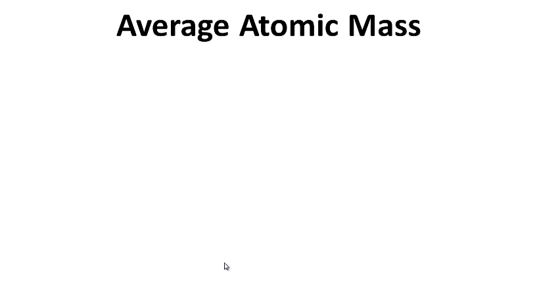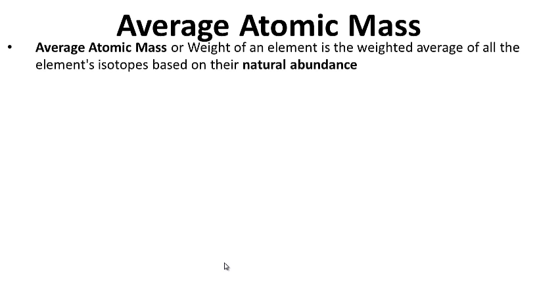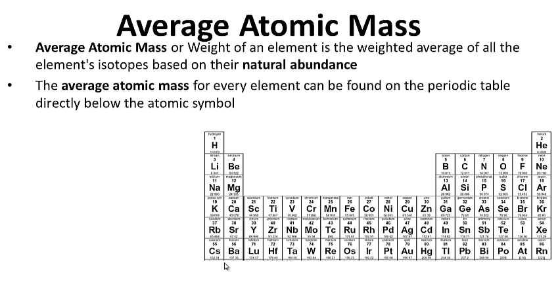All right, so average atomic mass. The average atomic mass or weight of an element is the weighted average of all the element's isotopes based on their natural abundance. The average atomic mass for every element can be found on the periodic table, directly below the atomic symbol.